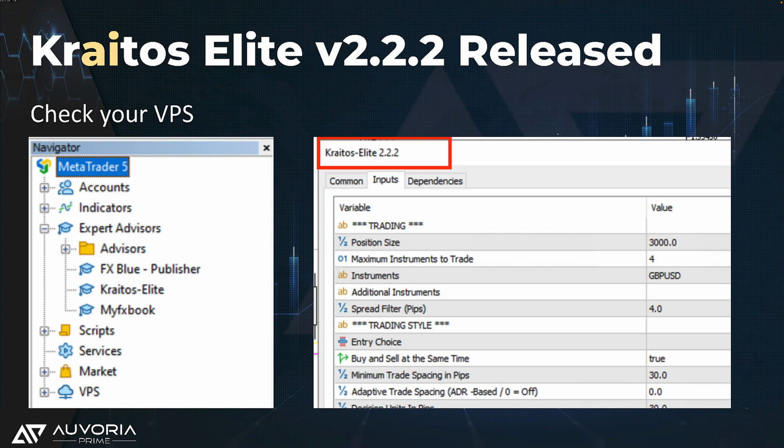This takes a number of hours to update everybody's VPS, and so if you have not seen that yet, go ahead, reboot, and then you should be fine. In most cases, there shouldn't be any problems, but it is important that you access your VPS and make a quick check on these things. And then the next thing you're going to want to do is check your settings, but we'll be covering that as we continue in this presentation.